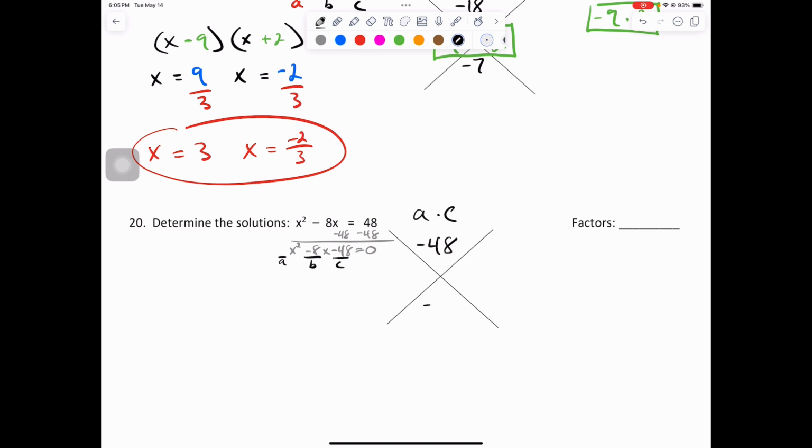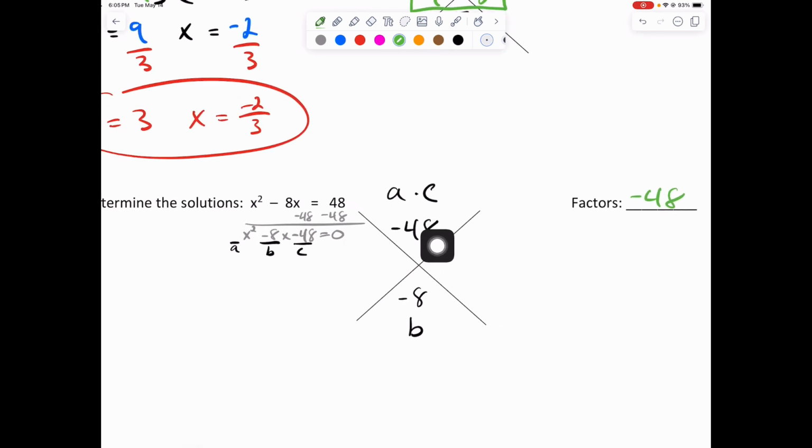And our B value is -8. So let me go ahead and put our -48 over here. And again, because a times c is a negative and our b is a negative, well, the greater of the two factors needs to be negative. And let's go ahead and work through a few of these.